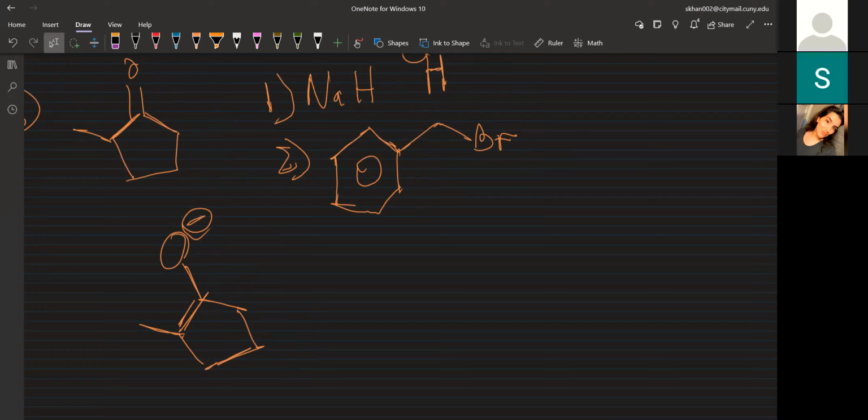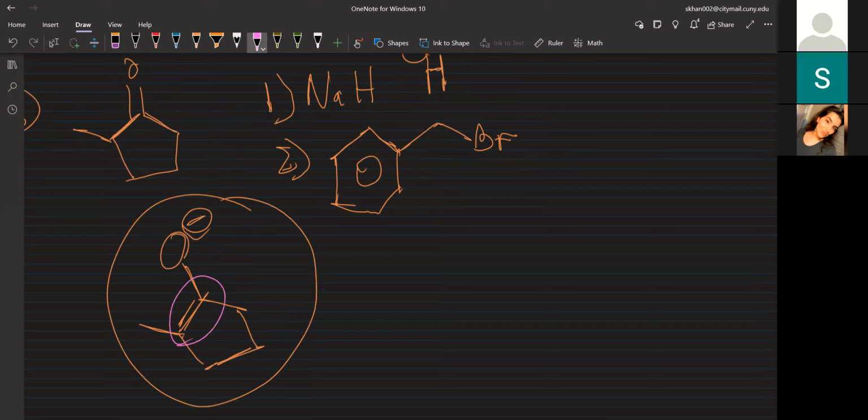And the reason being is that intermediate that goes through here is more stabilized because this double bond, right, is tetrasubstituted, as opposed to on the other side it would be tri, right? And then the next step that happens here is, right, that just attacks your, exactly, right?